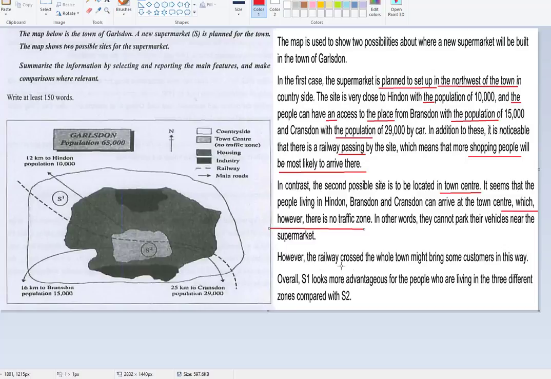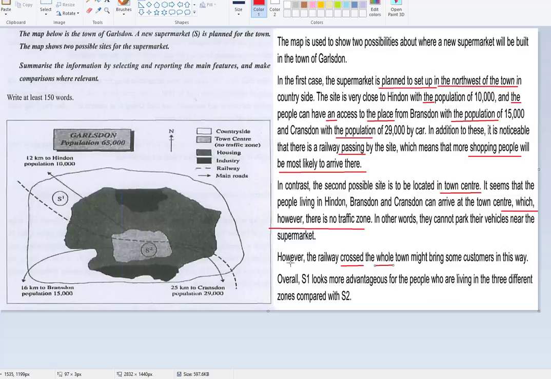The railway crossed the whole town. I don't know why this is past tense now. The railway crosses the whole town. I don't know if it crosses the whole town. It just crosses the town, not the whole town. It just crosses the town. The railway across the whole town might bring some customers as well.